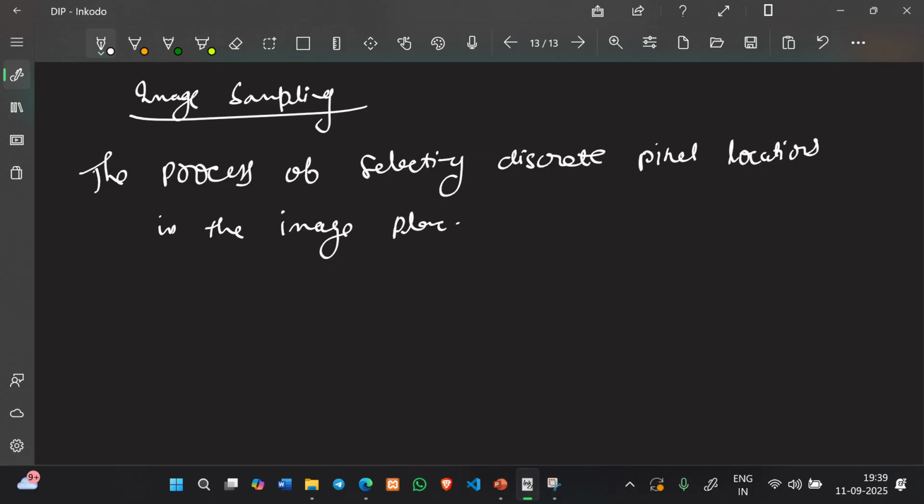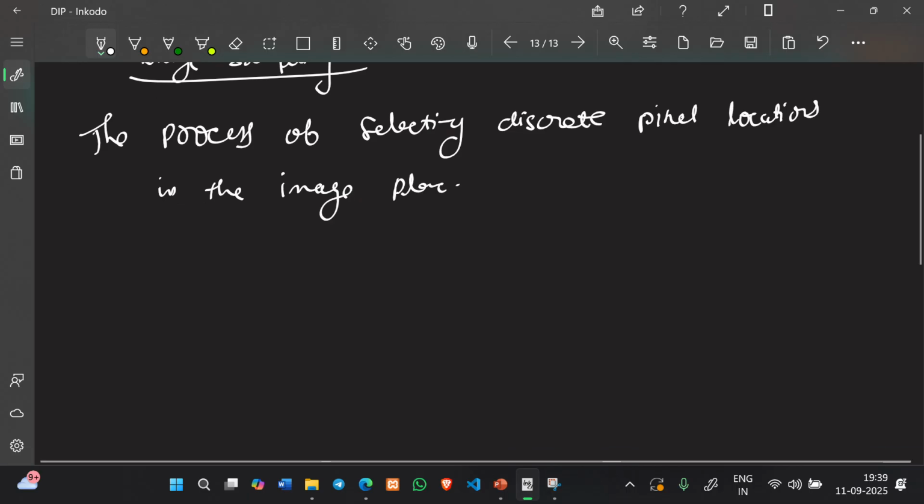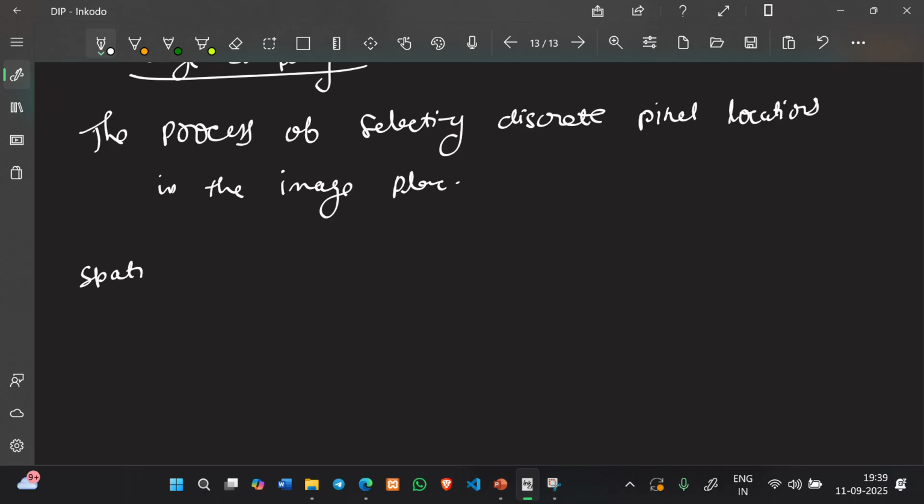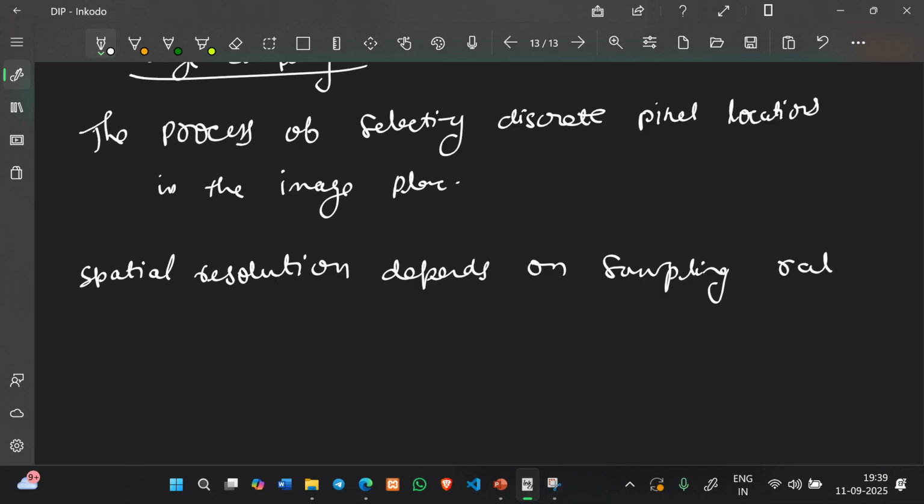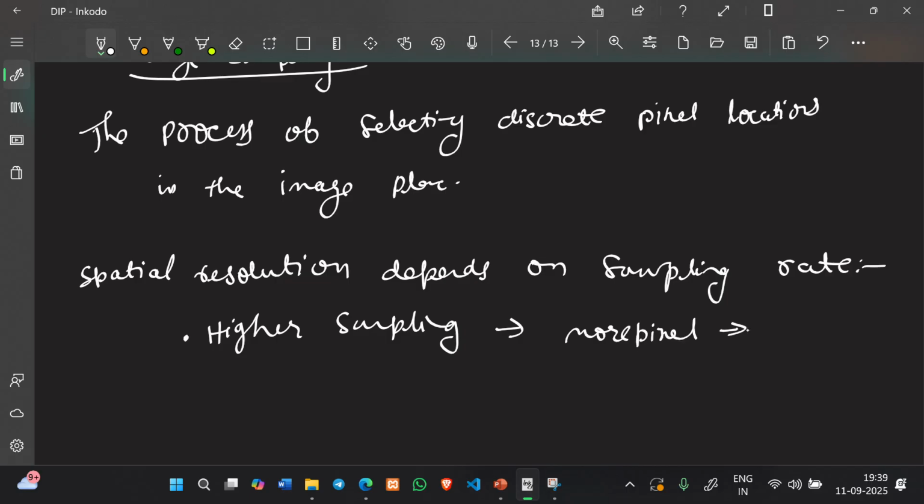Moving further, the spatial resolution depends on the sampling rate. A higher sampling rate means more pixels, which means better detail.